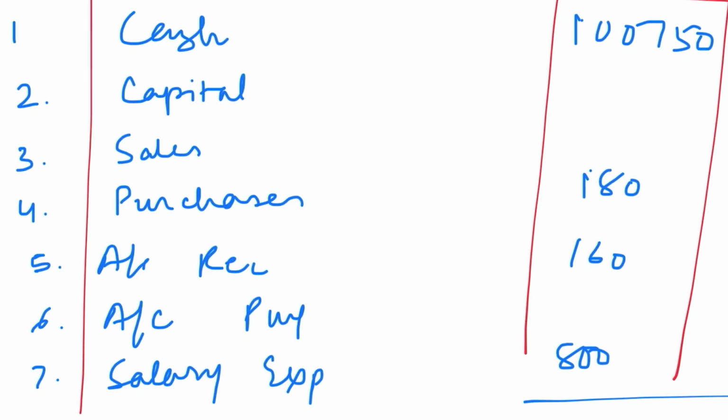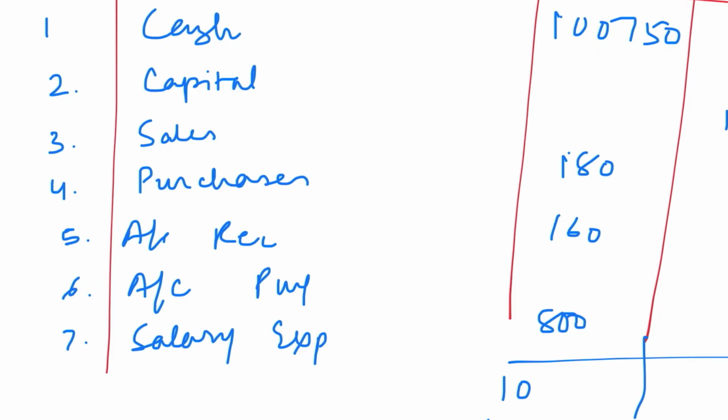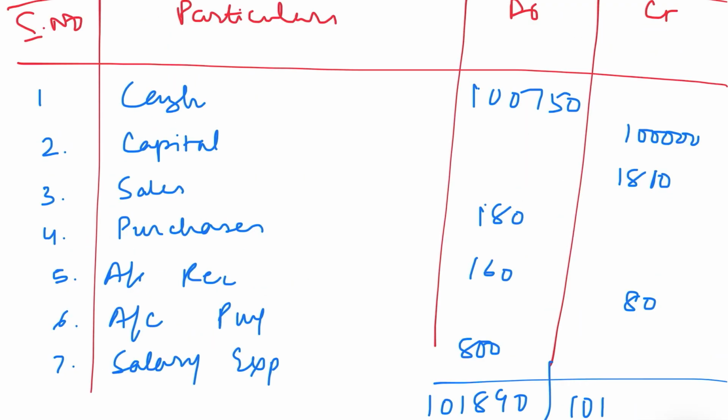Now when we sum all of these debits, 100750 added to 180 and then 160 and 800, we are getting 101890. So now as you can see here, after rechecking, my debits are equal to the credits.